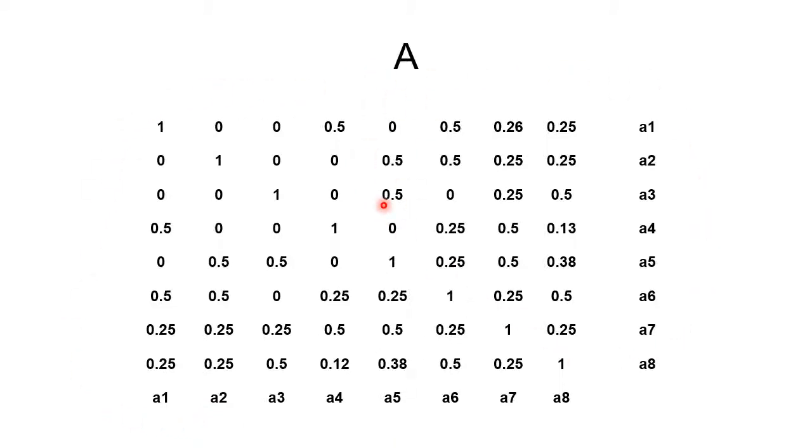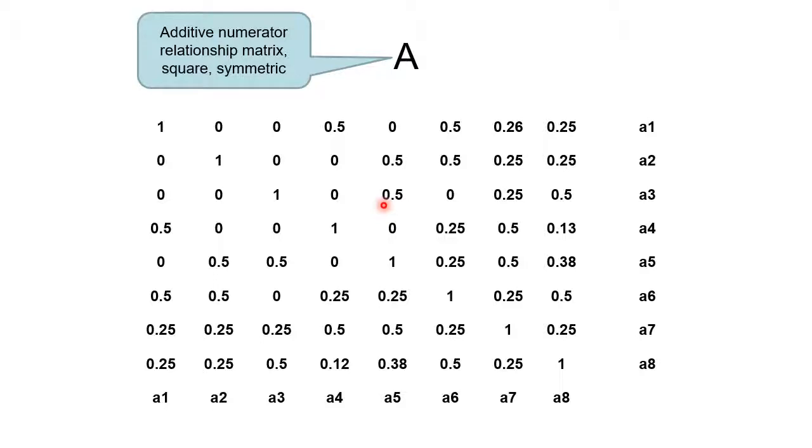But as you saw previously in our coefficient matrices, we need A minus 1 or the inverse of A. So this is an additive numerator relationship matrix. It's square, it's symmetric. So you have ones on the diagonal, and that is the relationship of an animal with itself, and it's actually 1 plus the inbreeding coefficient. So if an animal is 25% inbred, it will be 1.25 on the diagonal.